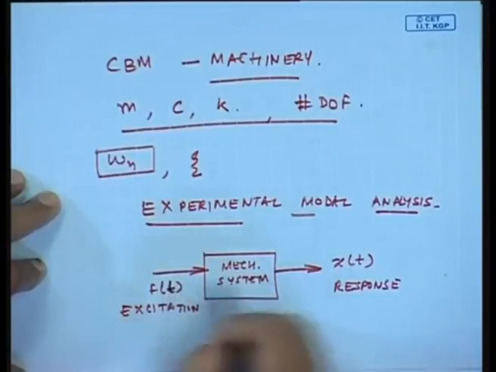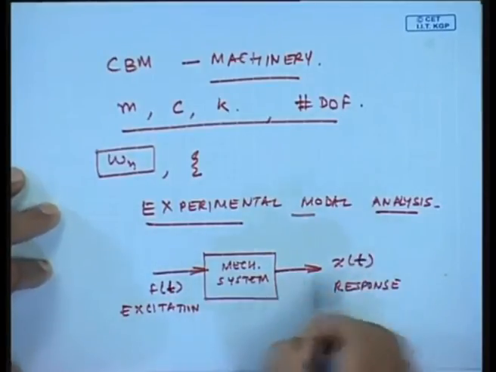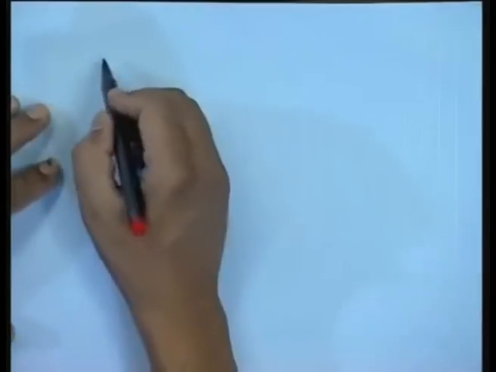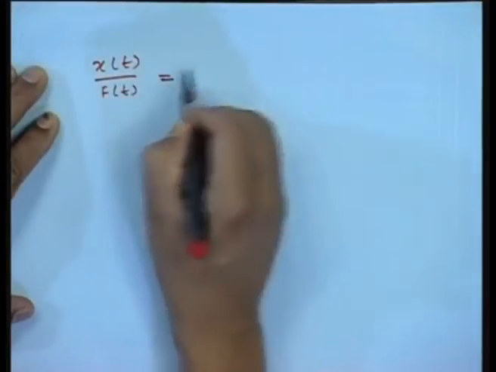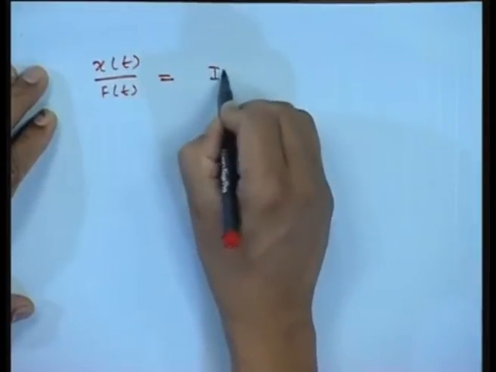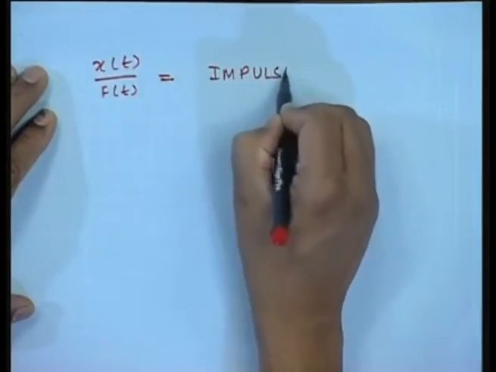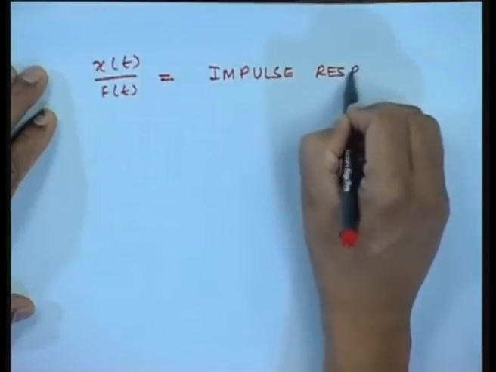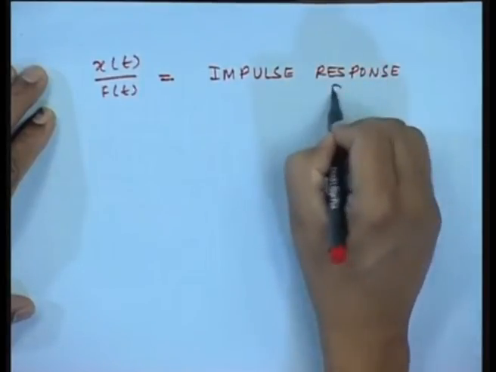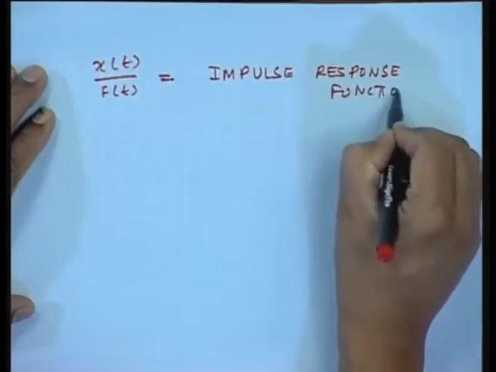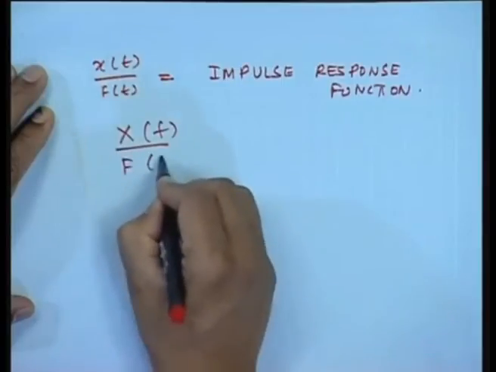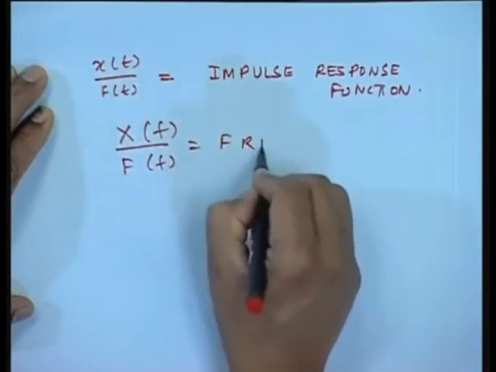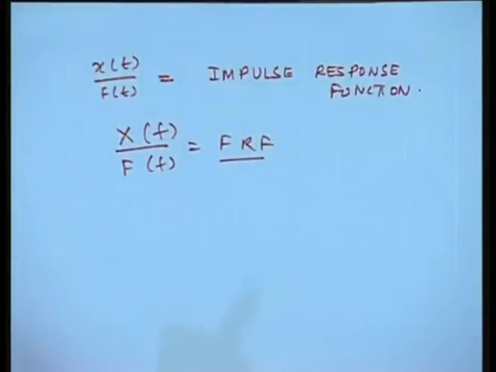So, I have denoted them as a function of time, and looking at the x(t) by f(t) response, I can obtain what is known as the impulse response function, or in the frequency domain, the FRF, which we know the 6 forms of by now.